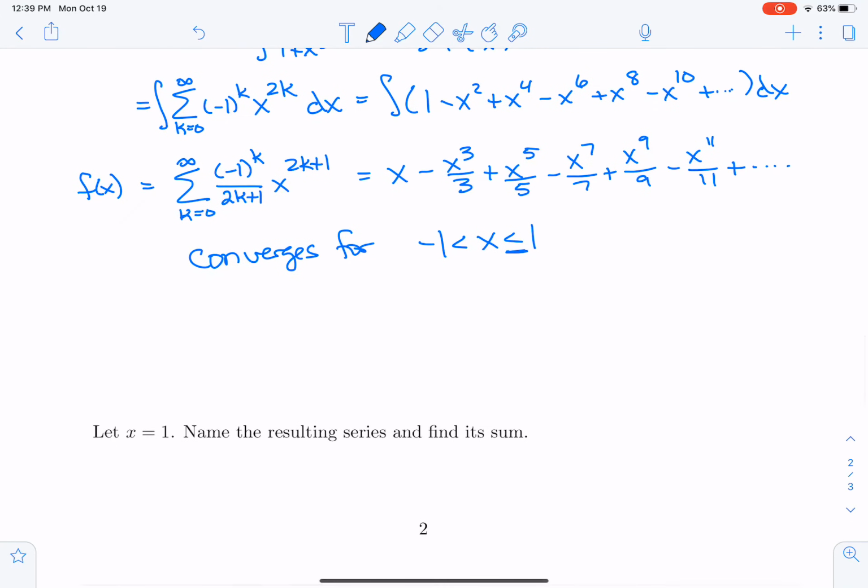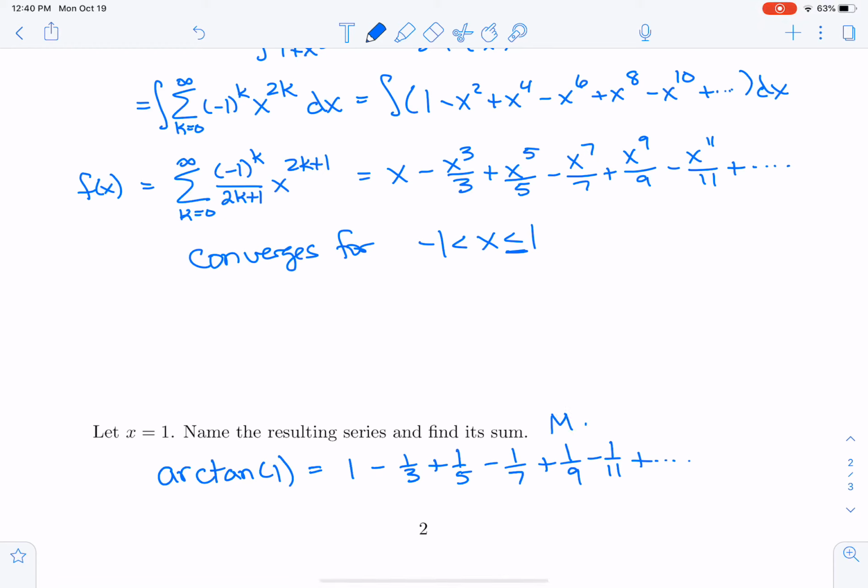So let's look at figuring out what the arctangent of 1 is using this series. So we're going to plug in x equals 1. That's going to give me 1 minus a third plus a fifth minus a seventh plus a ninth minus an eleventh, etc. And in fact, we've encountered this series before.